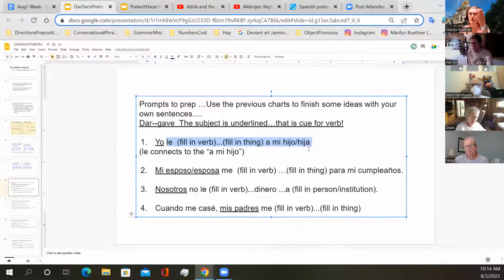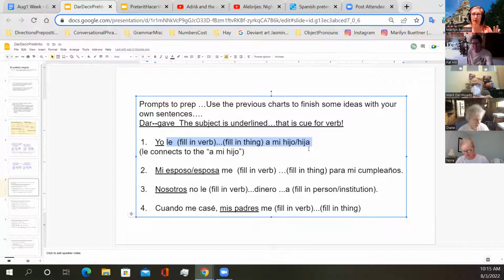Even though it sounds redundant to you, shouldn't I keep one or the other? If I'm saying a mi hijo, why do we even bother with the word le? But their reaction is that it's more natural to have the le and maybe not have the a mi hijo. Okay. So why do I have that for you?